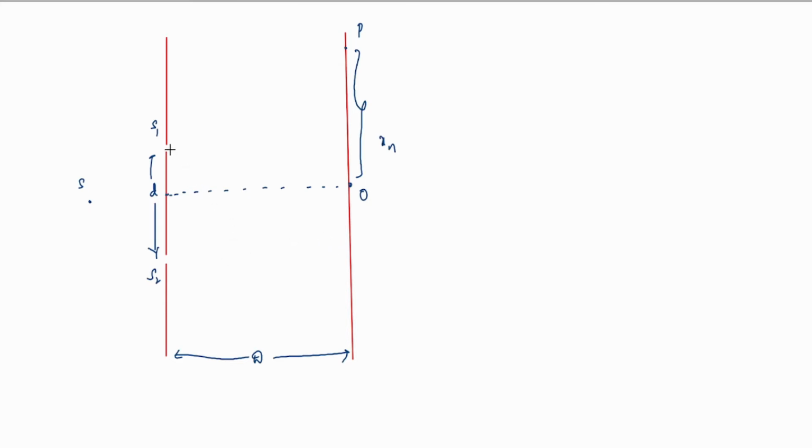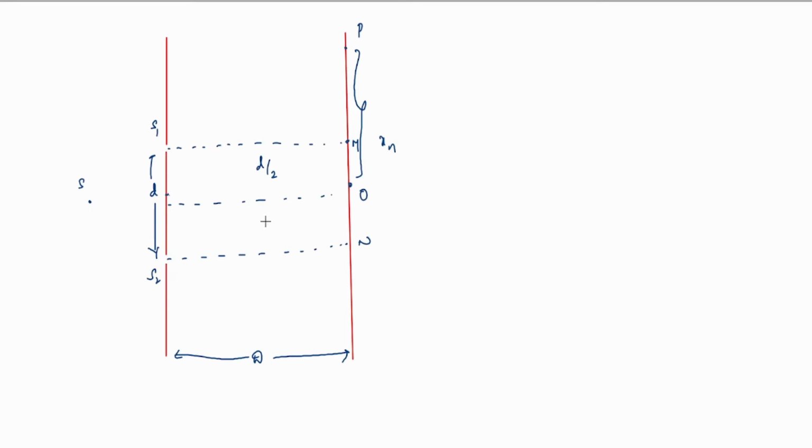Also, let's mark two points which are exactly opposite to the two slits. Let's call this point M, and the point exactly opposite to S2 as point N. Keep in mind that the two slits are equidistant from O, so the distance from O is half of d.